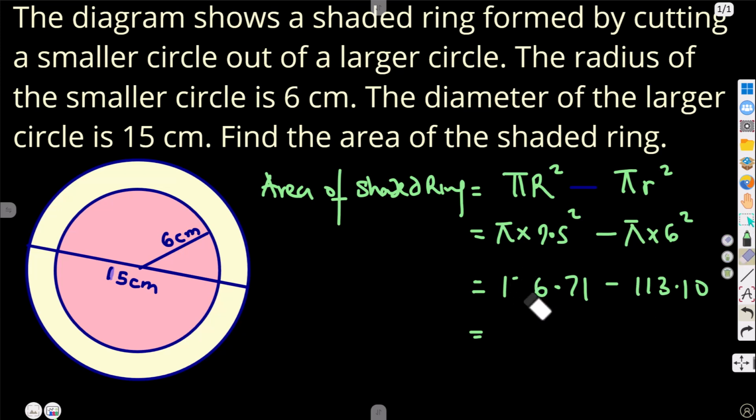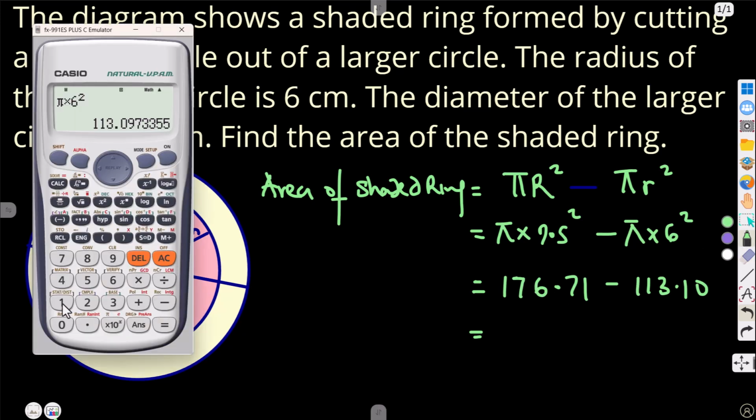Okay, good. So I have my calculator here: 176.71 subtract 113.10, and when I do that, I get 63.61.